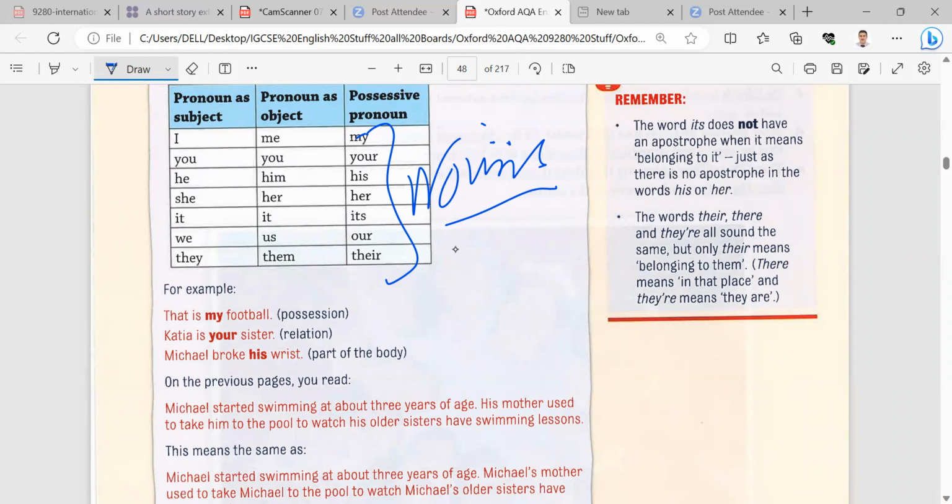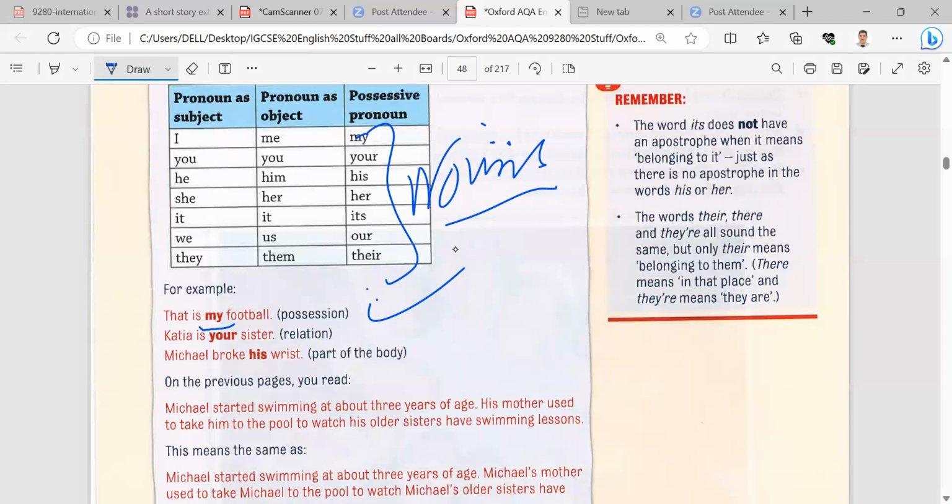Why do you need possessive pronouns, guys? What is their purpose? It has three functions. The first one, possession. That is my football means this football belongs to me. My here refers to possession.